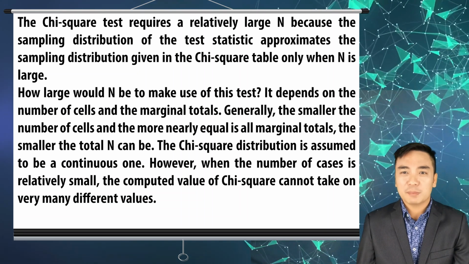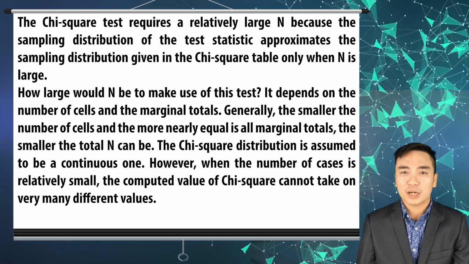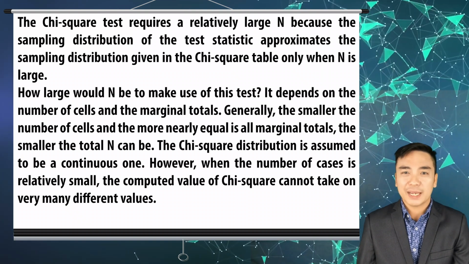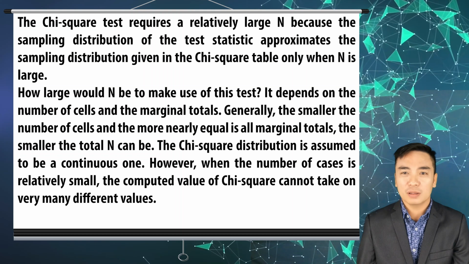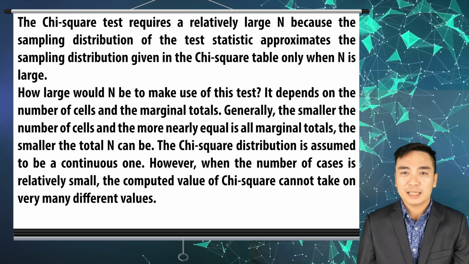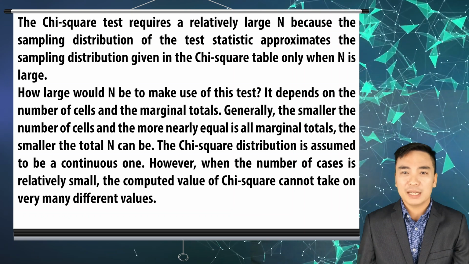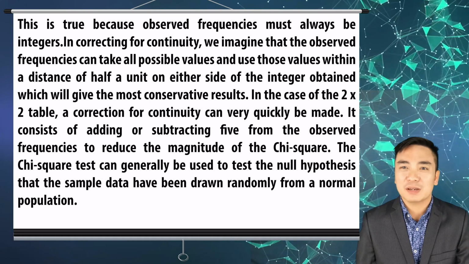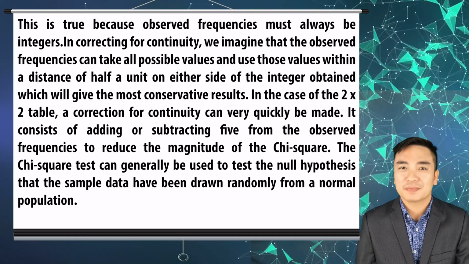The chi-square distribution is assumed to be a continuous one. However, when the number of cases is relatively small, the computed value of chi-square cannot take on very many different values. This is true because observed frequencies must always be integers.